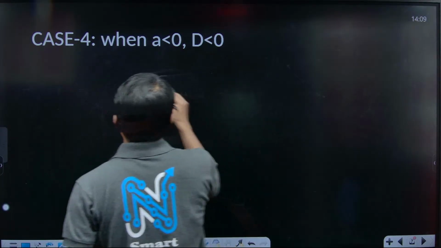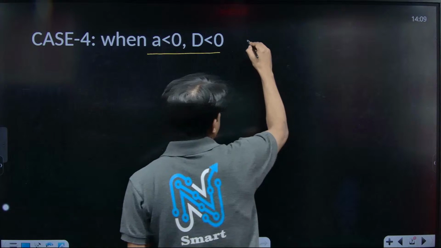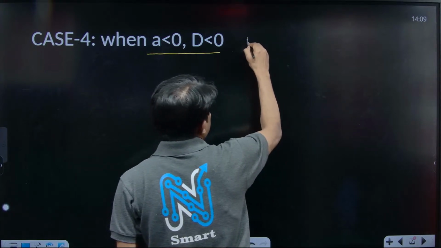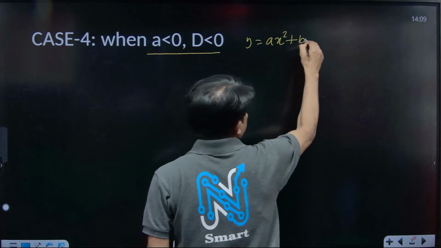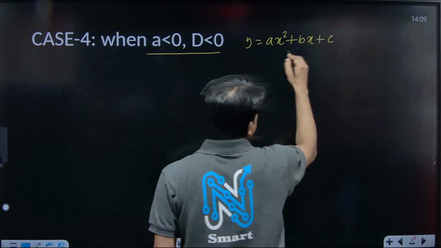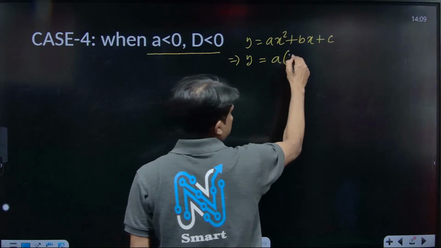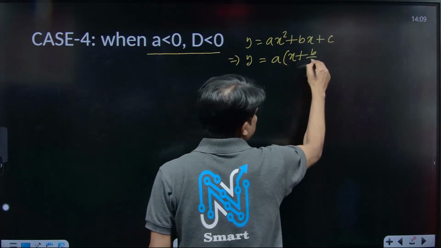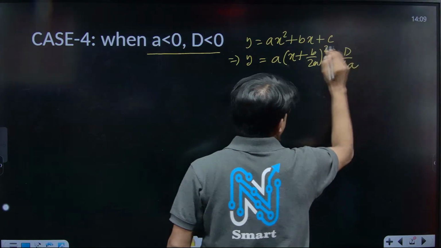So the condition is, when a is negative, the expression y equal to ax square plus bx plus c transforms to a into (x plus b by 2a) whole square minus discriminant by 4a.